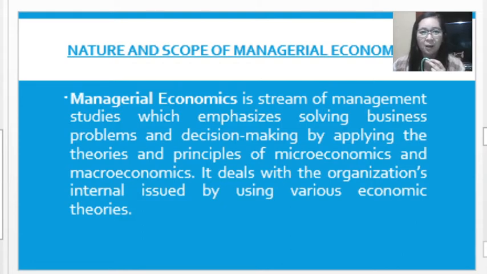So there are small and complicated problems that need to be solved where economics will help in addressing and looking for answers for those problems that they face. So this is how managerial economics is being used.